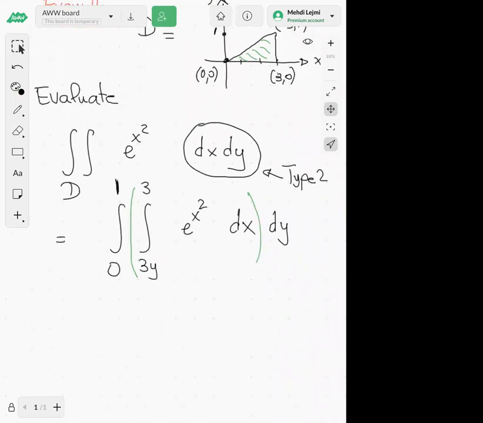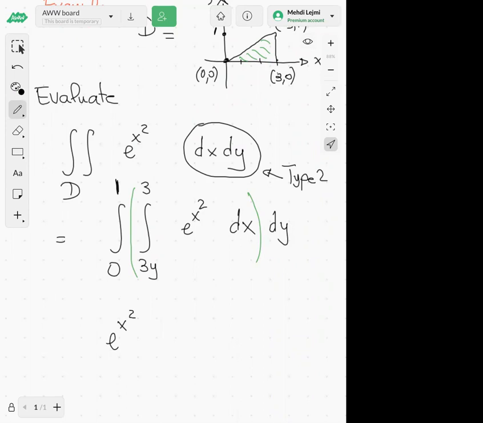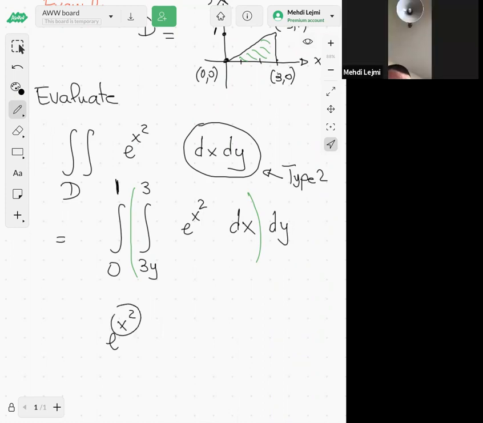So we need to substitute x squared with u. If you want to integrate by using substitution, then you're going to need the derivative of x squared in front of the exponential. You're going to need at least x, right?